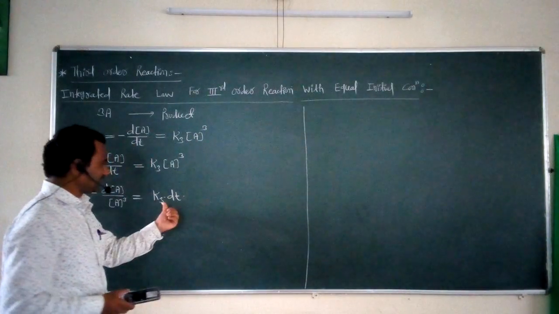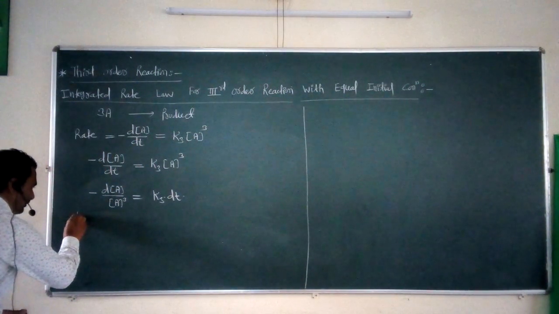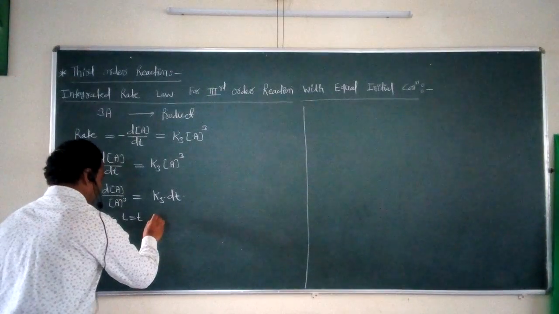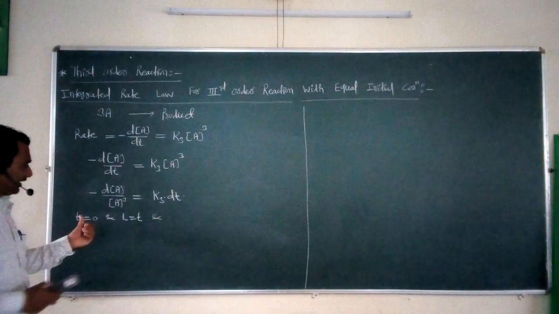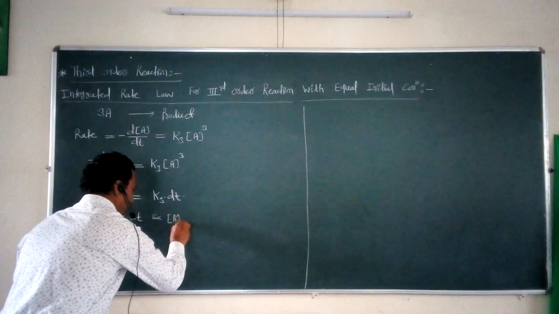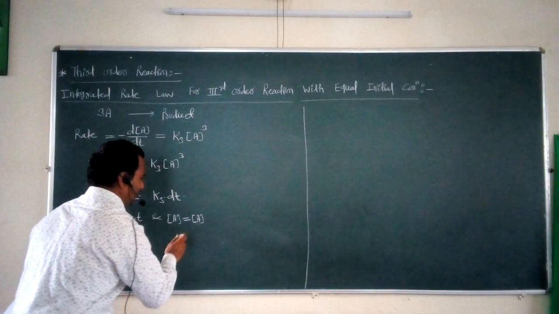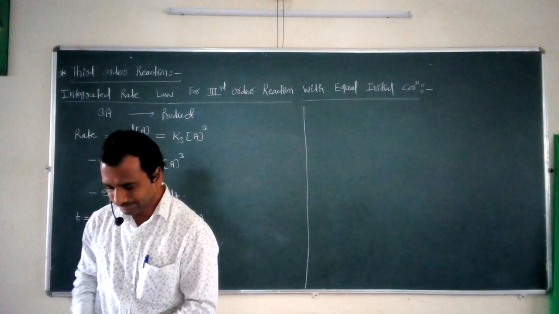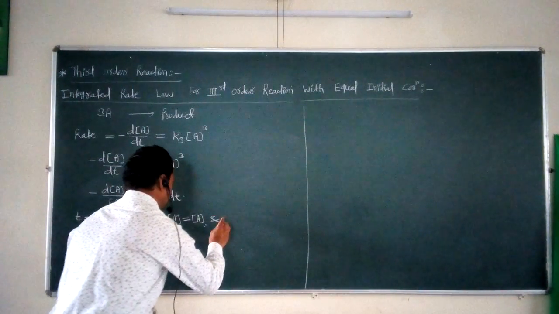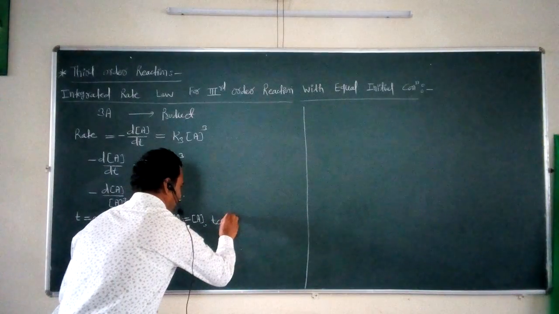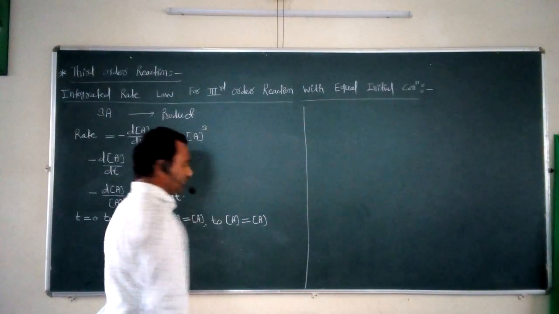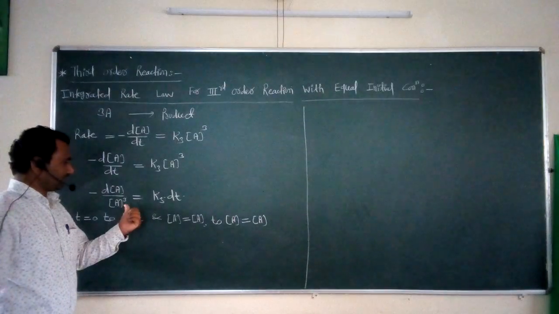We have to carry out the integration of this equation between the limits: time t equal to 0 to t equal to small t, and concentration of A equal to the initial concentration A0 to the concentration of A, that is capital A. So these are the simple limits between which we have to carry out the integration of the above equation.